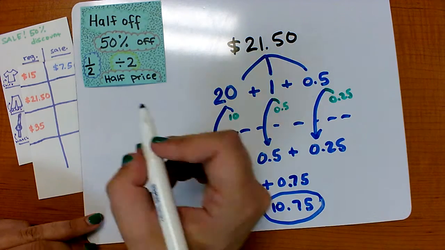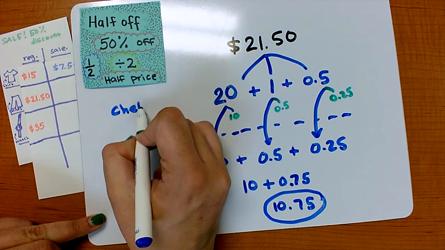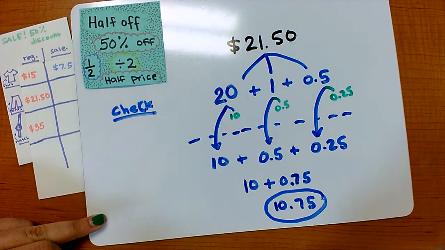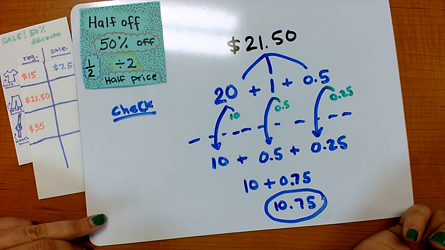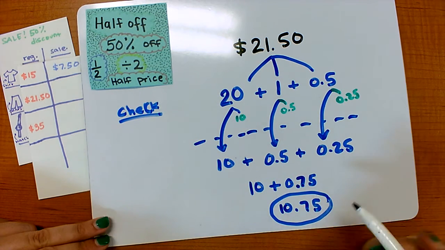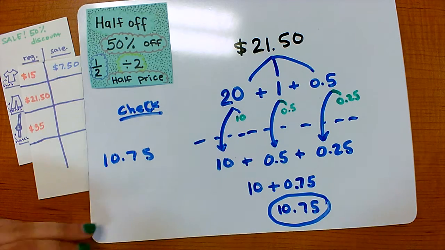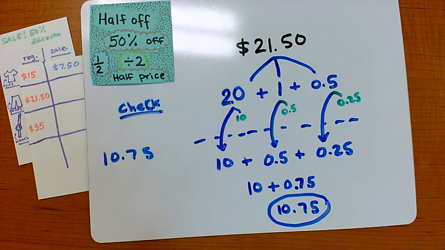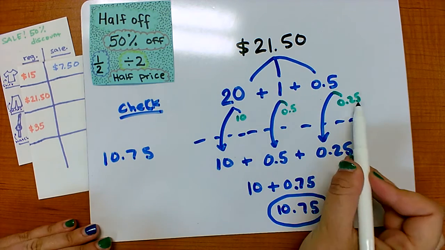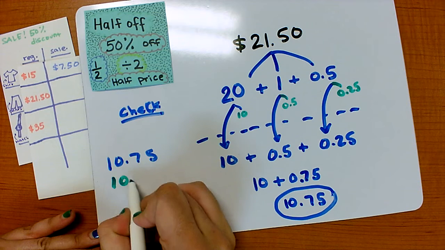Again, we always want to check our work, because it's an easy way to correct ourselves before we lose points on the test. I'm going to take this half and I'm going to add it with the other half, the one that's usually invisible, that we put in the back.